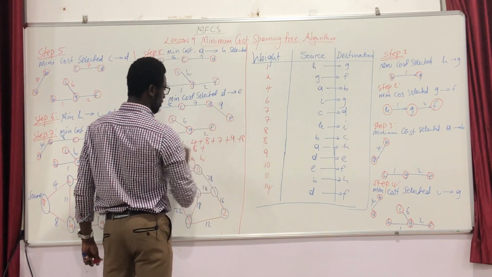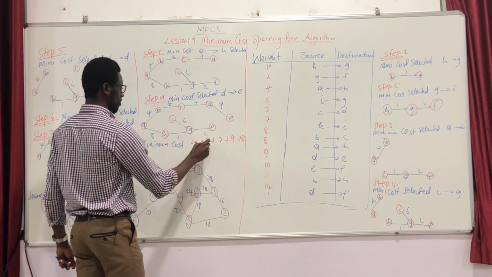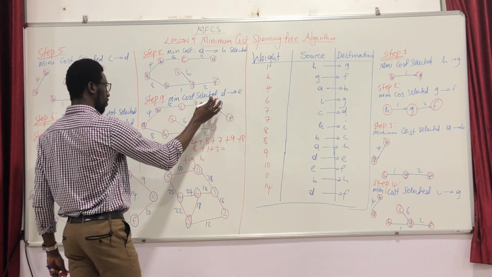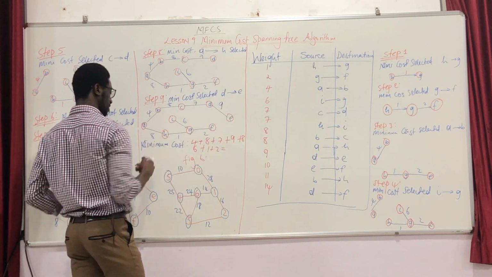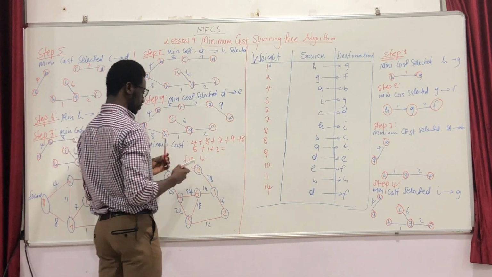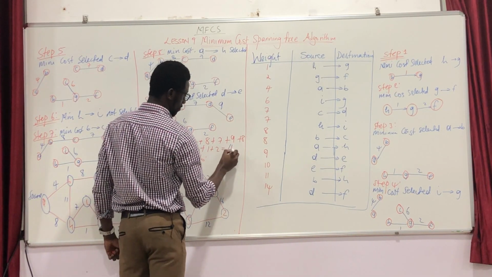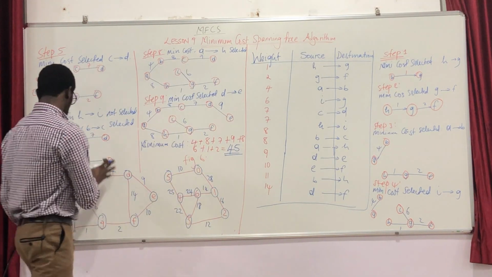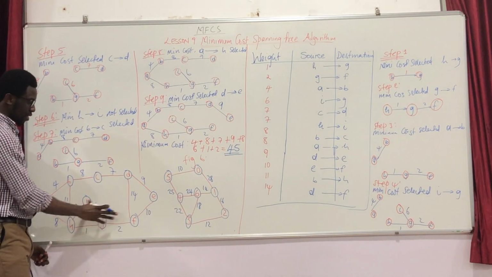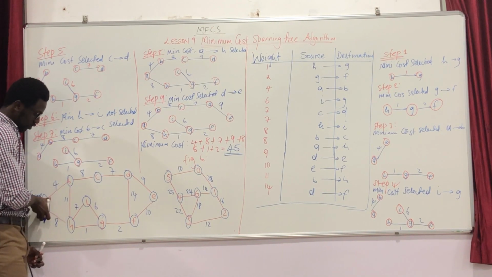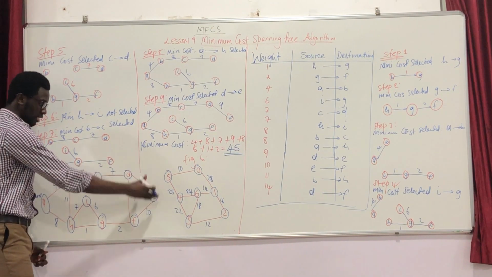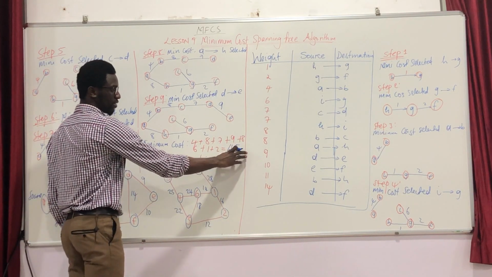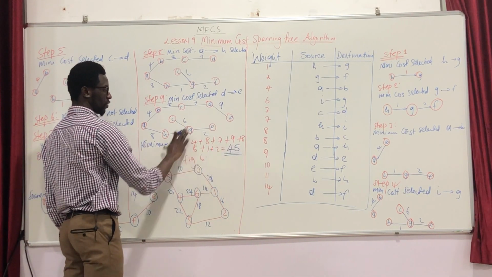We have another 8. 6 plus 1 plus 2. So you add all these from here, it gives us 45. So therefore, in this graph, the minimum cost, if we select these edges to visit all the nodes without having a loop, is 45.